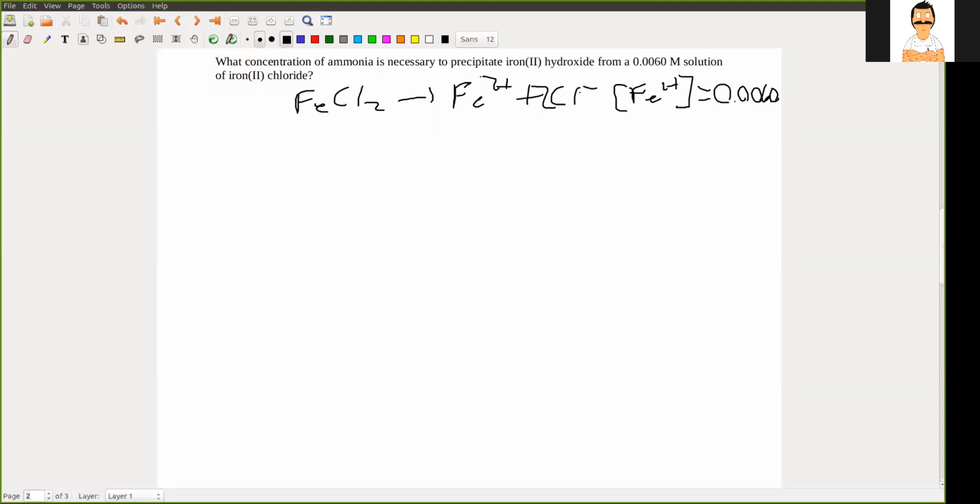The next two are, we want to look at ammonia. So NH3 plus H2O is going to give us ammonium ion plus hydroxide. And similarly, we can think about free floating iron plus the hydroxide forming iron 2 hydroxide, which will precipitate out as a solid.